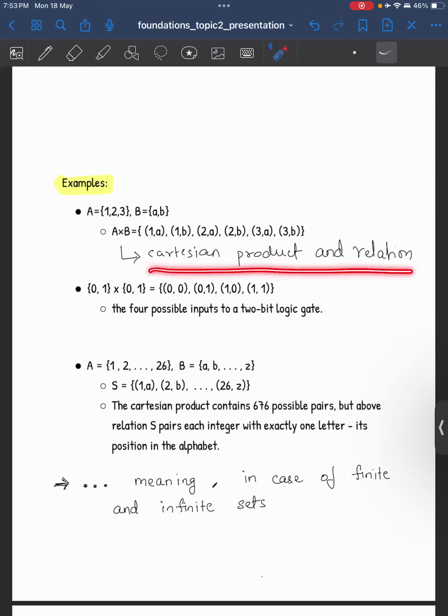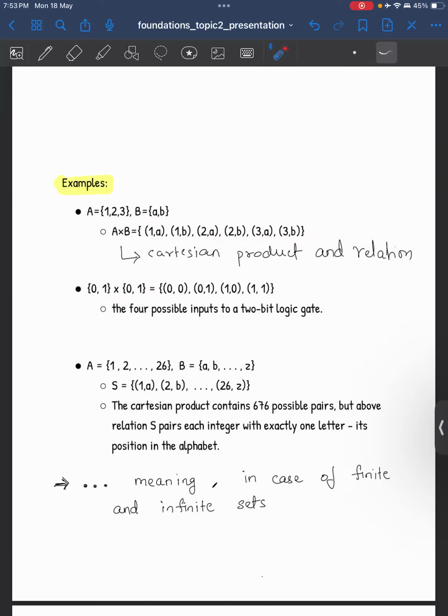In the first example, A is the finite set consisting of three numbers, 1, 2, 3, and B is a set consisting of two characters, a and b. Their Cartesian product is as follows: 1 is paired with a and b, 2 is paired with a and b, and 3 is paired with a and b. Similarly, we have the Cartesian product of the set {0, 1} with itself.